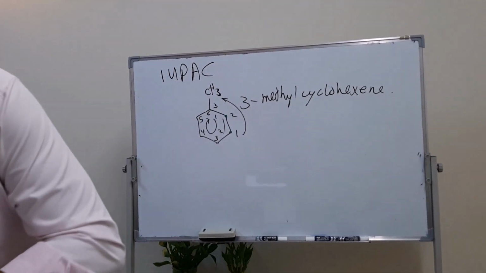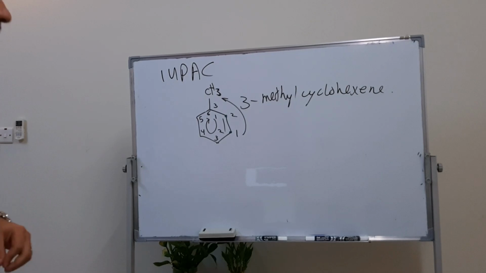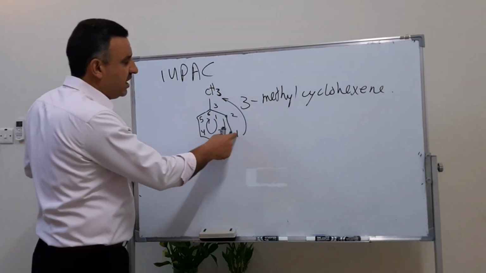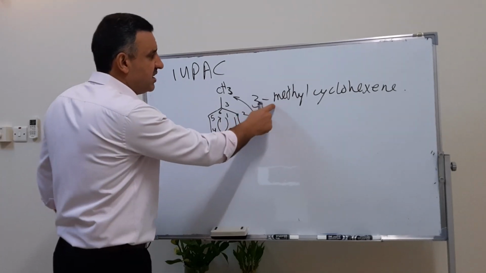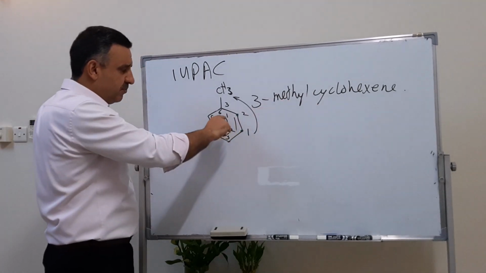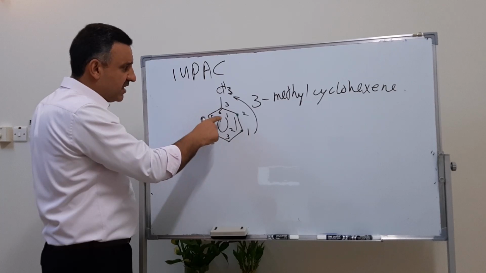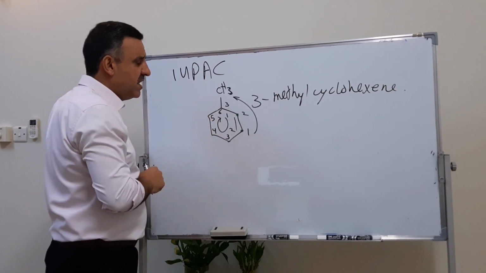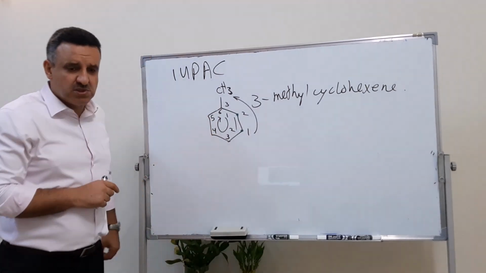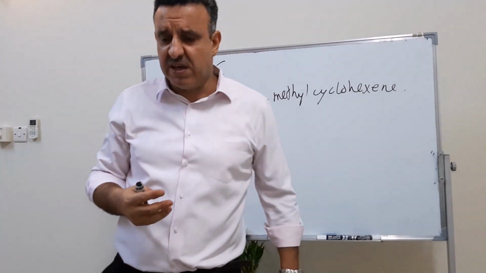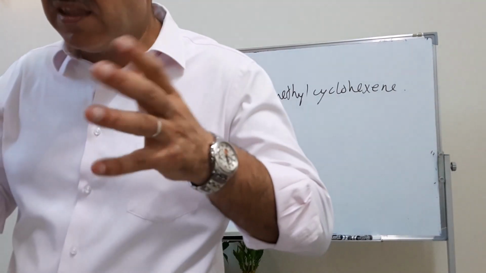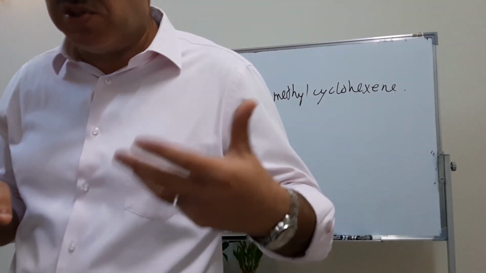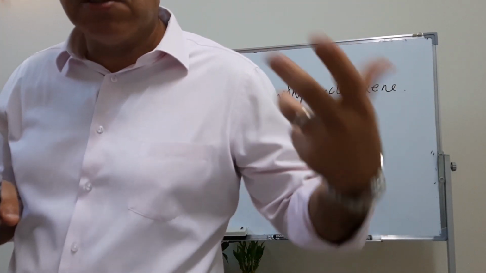We must always start from the double bond. Of course, it must be number 1 here, because here we will give the substituent the lowest possible number, in this case 3-methylcyclohexene. But if we proceed the other way, we will give the methyl substituent number 6, which, according to the logic of IUPAC, is totally wrong. Because always, as I said, the motto of IUPAC is to give the substituents the lowest possible numbers.